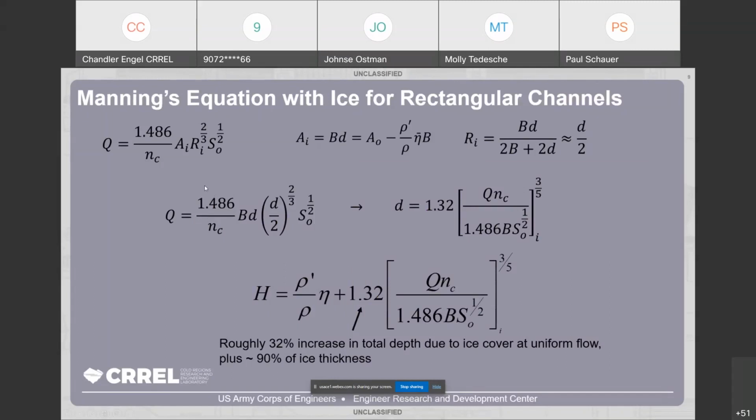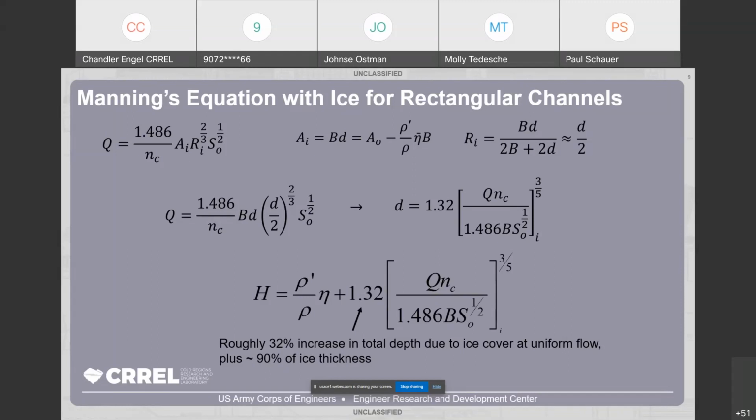We'll start with Manning's equation again at the top left. In this form, we have the discharge equal to the roughness, the area, the hydraulic radius, and the slope terms, as we already discussed. That number 1.486, if we're paying attention, you might notice wasn't in the earlier slide. That's just a unit conversion term that we use for imperial units and non-SI units.